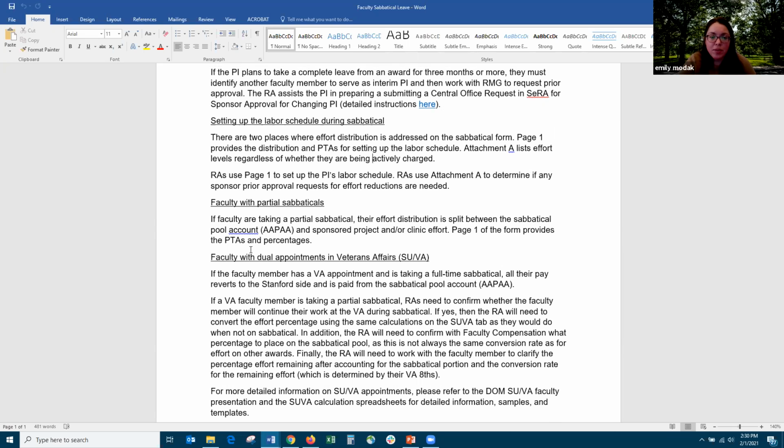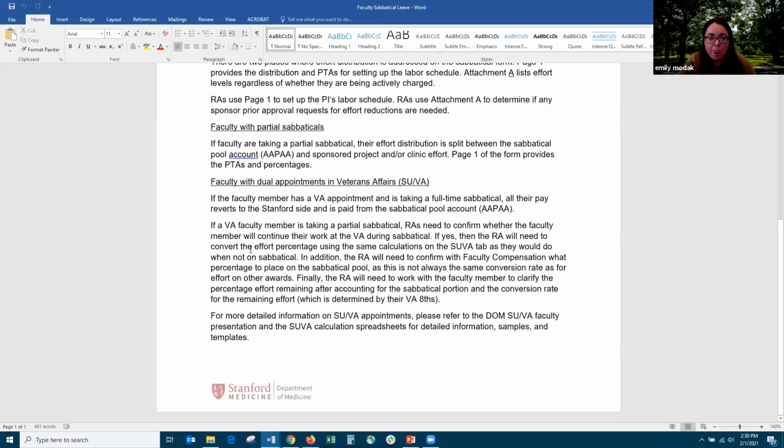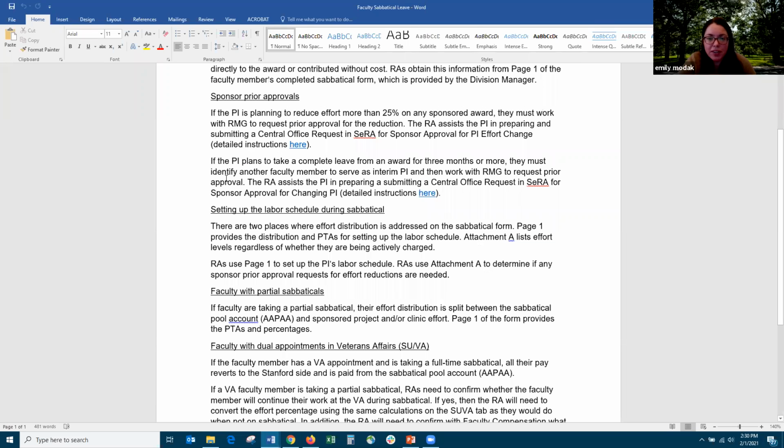In these cases, we have the central office requests. If your PI is planning to reduce effort, they need to work with RMG to request prior approval. That's either sponsor approval for PI effort change, or sponsor approval for actually changing PI. I've seen both of those things happen. Even if the PI is only on leave for 2 or 3 months, we have to formally change the PI to someone else and then formally change it back when they come back.